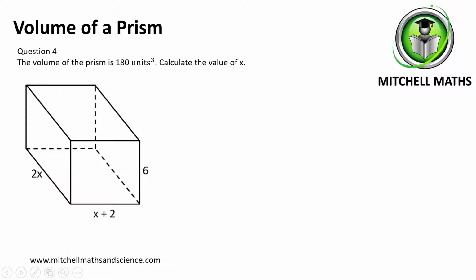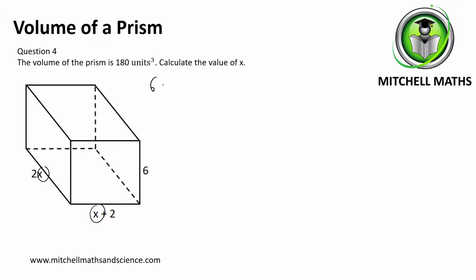Right, in this question we need to calculate the value of x. Now this one's a bit more tricky because x actually turns up twice when we're working out the volume. And we know if we want to find the volume of a rectangular prism, as shown here, we just multiply the sides together.